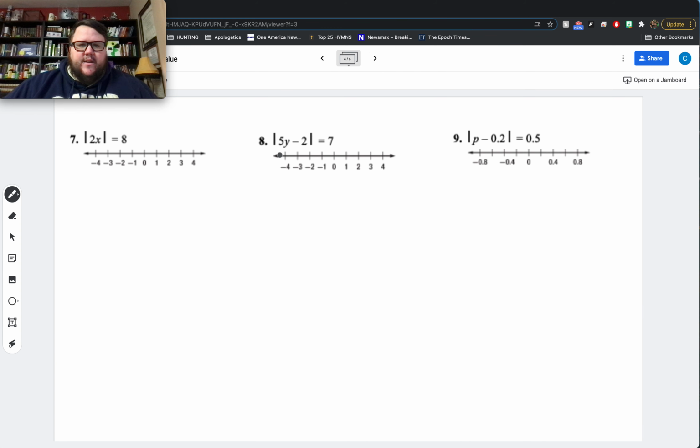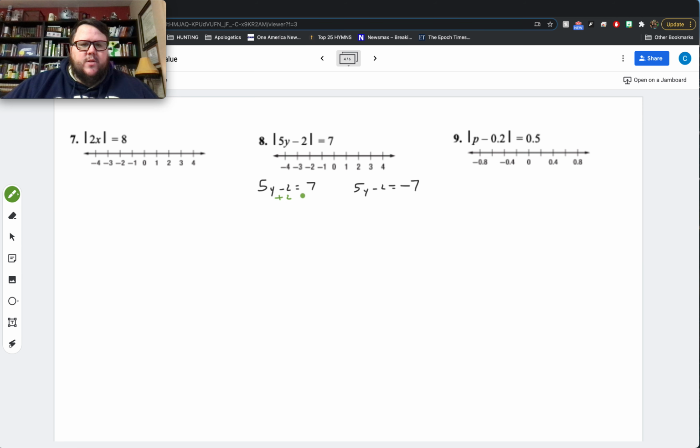I wanted to get into this one right here. Number 8: the absolute value of 5y minus 2 equals 7. Remember, we go 5y minus 2 equals positive 7, and 5y minus 2 equals negative 7. Then I'm going to finish solving this.